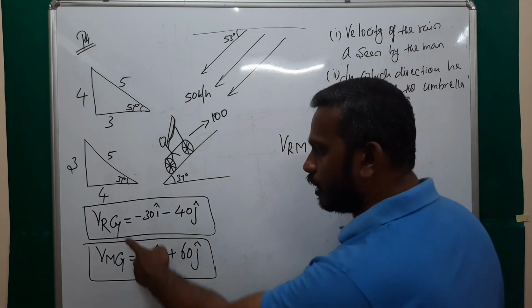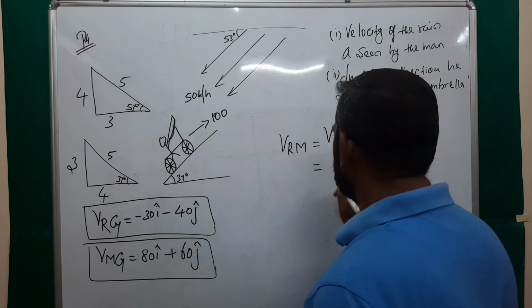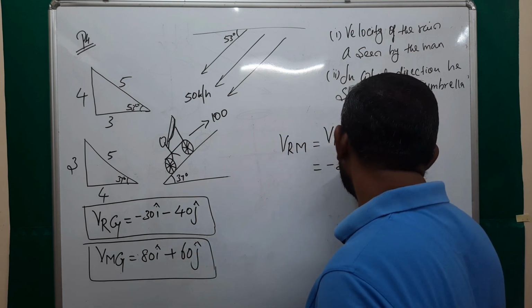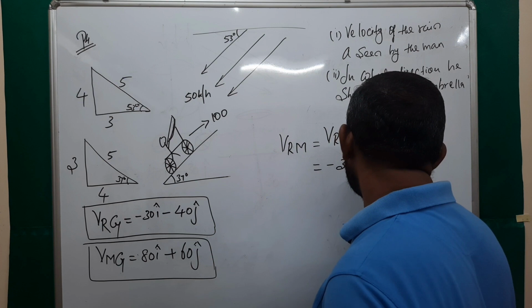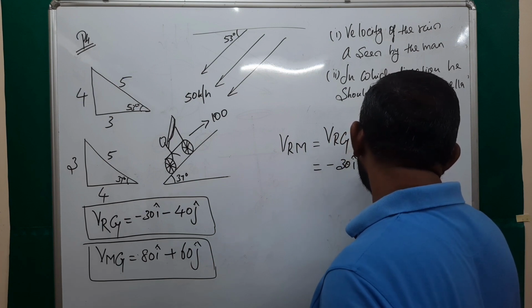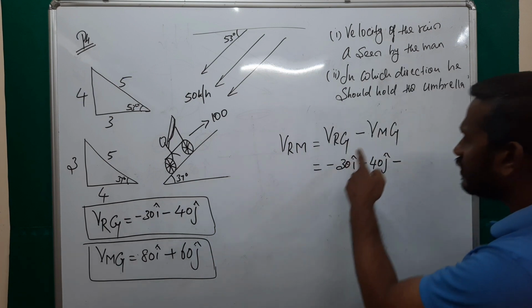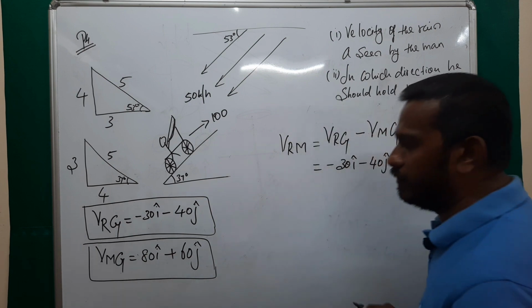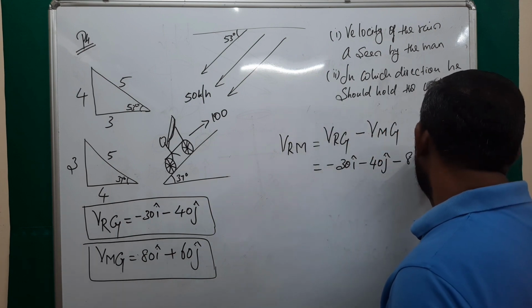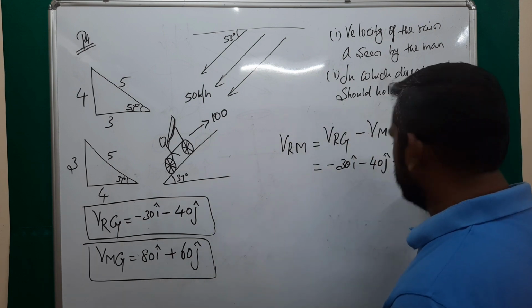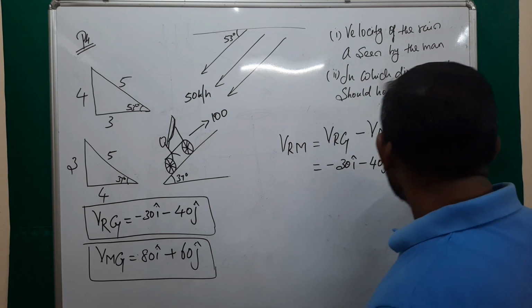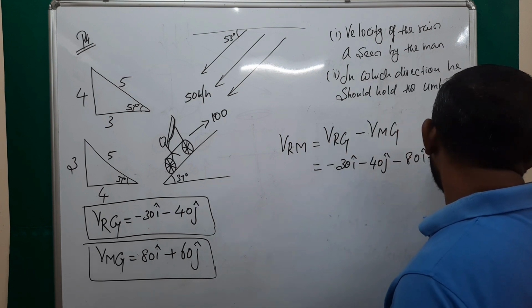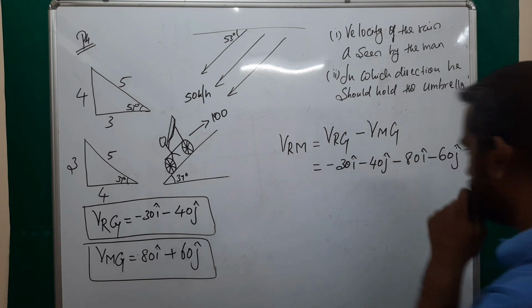So that is equal to velocity of rain with respect to ground, minus 30 i cap minus 40 j cap, minus velocity of man with respect to ground, minus 80 i cap minus 60 j cap.